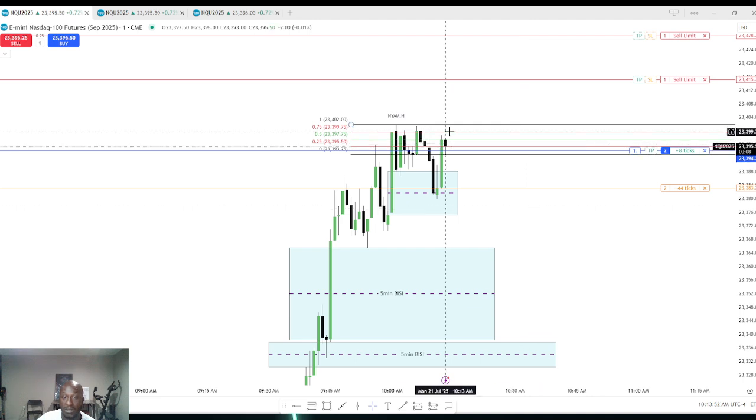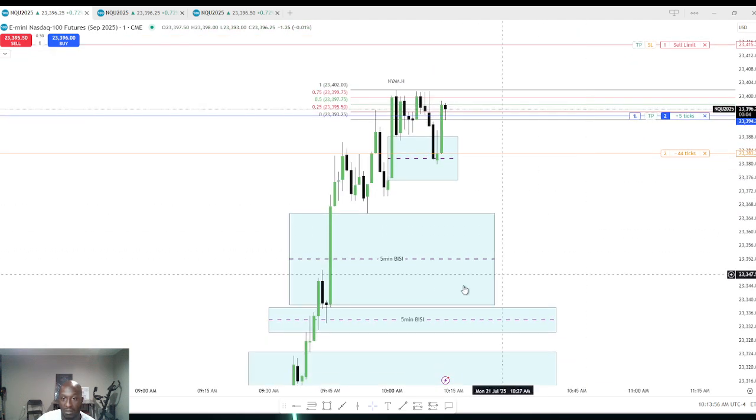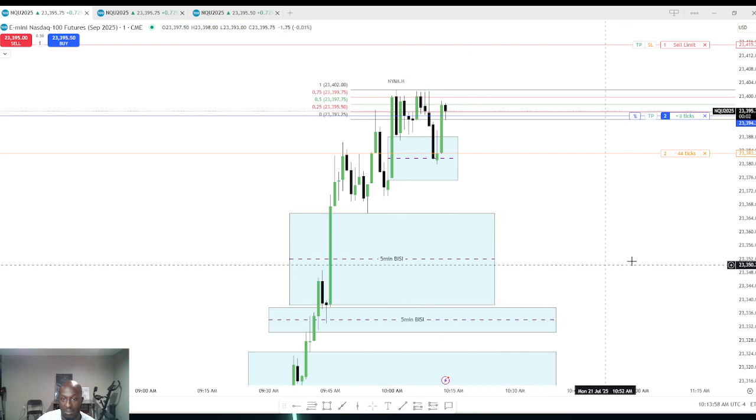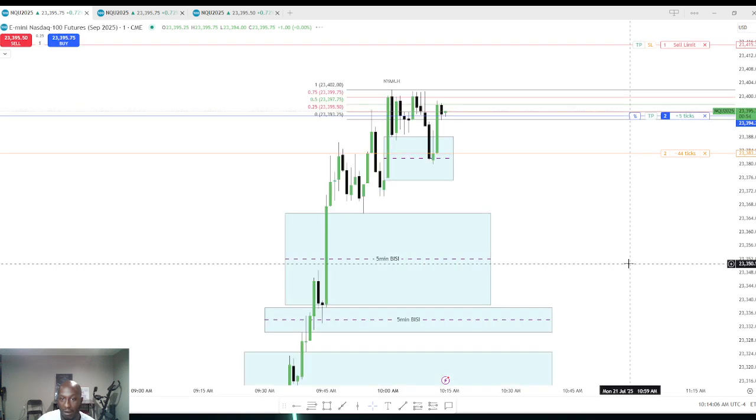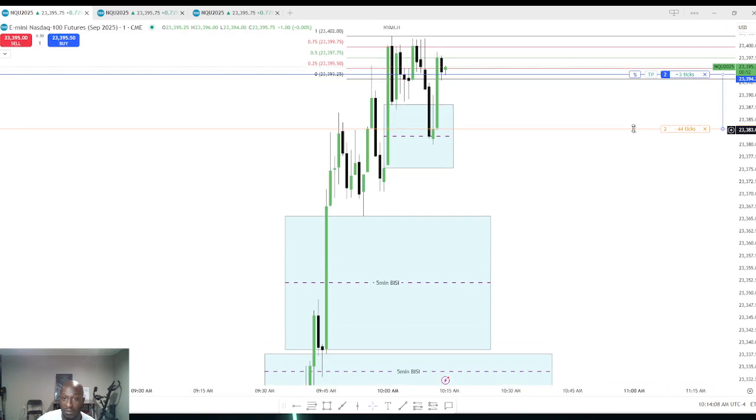And if it doesn't get above this 50 and keeps doing what it's doing right here, then that lets me know that I need to be looking at something down here, because that's the highest wick as we sit right now. And again, I would like to see it close above it.